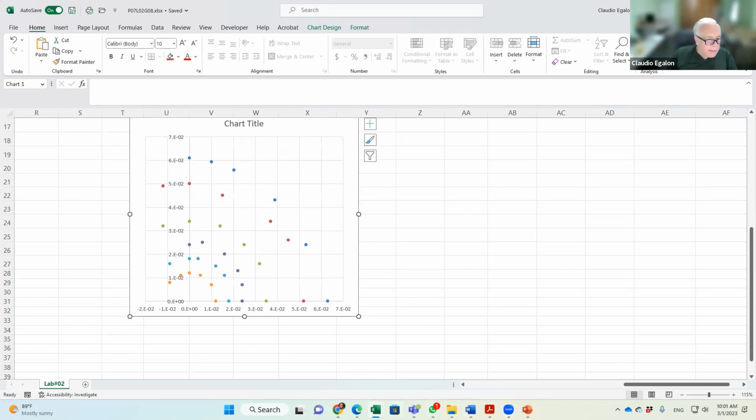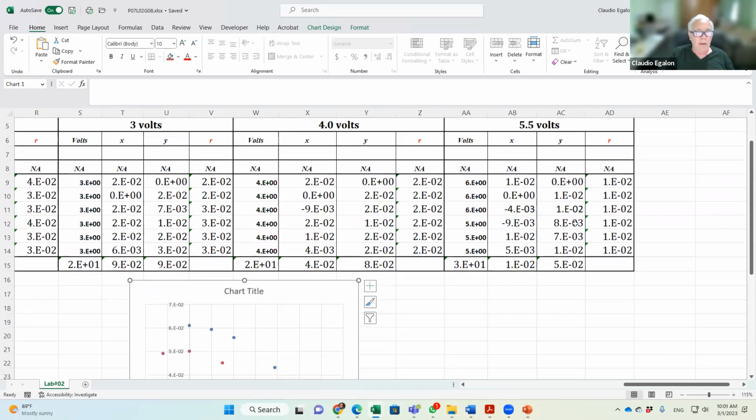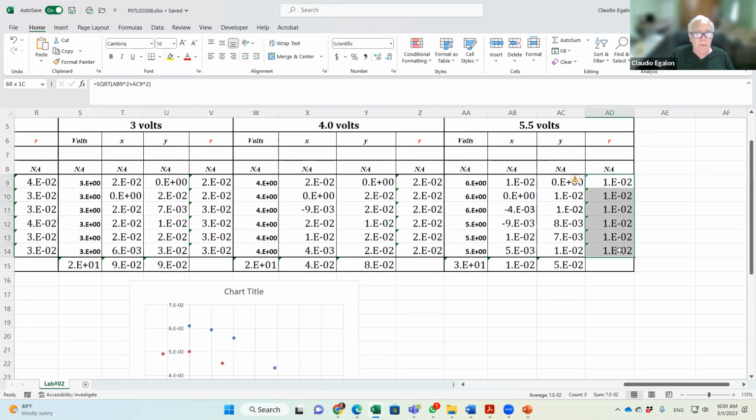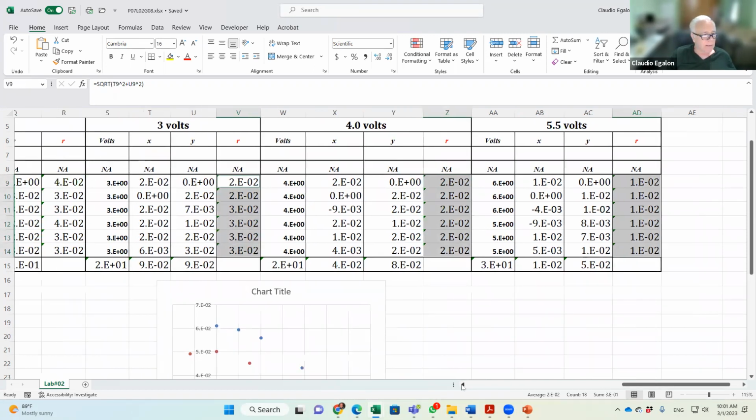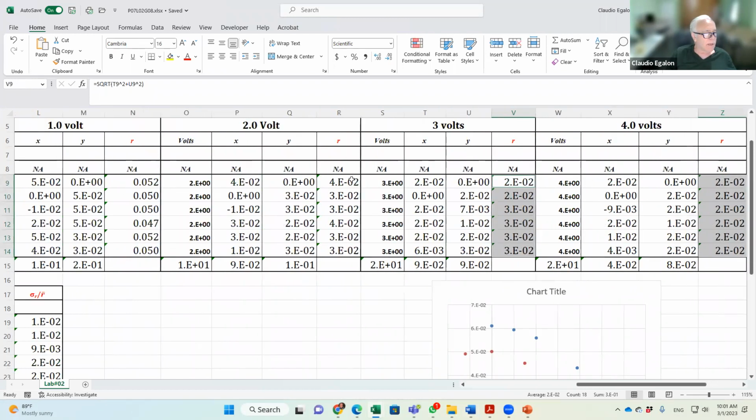So let's, any questions? Let's take a look at the R values again. I'm going to display that in the normal number format, so you can read those more easily.